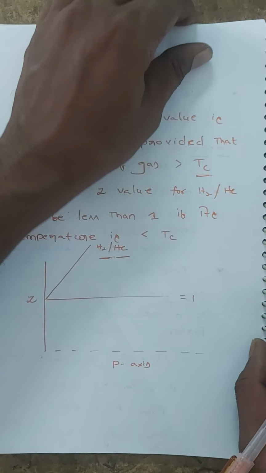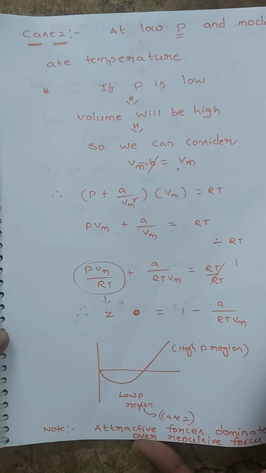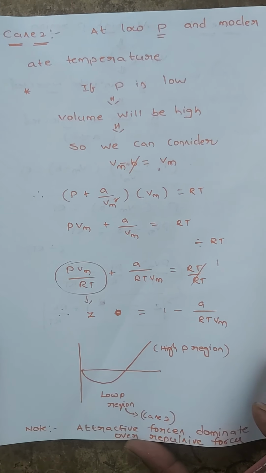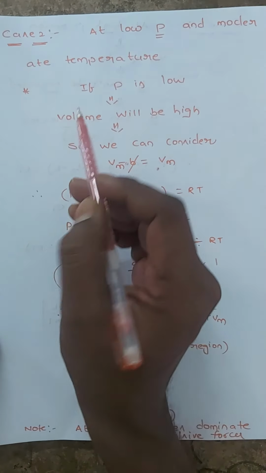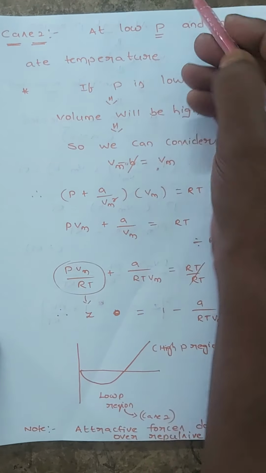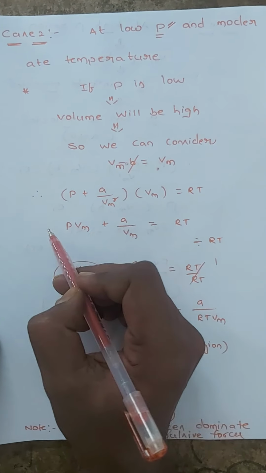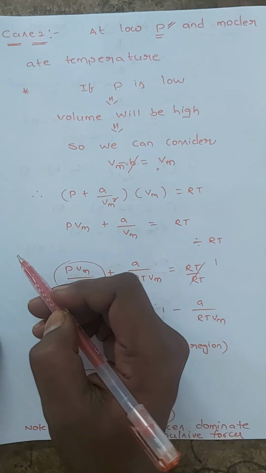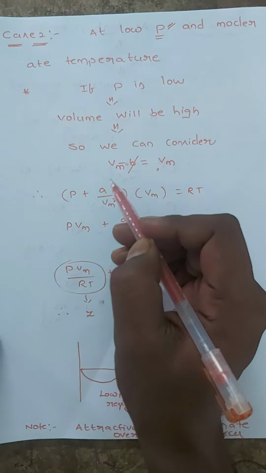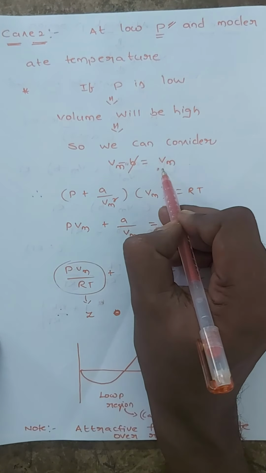Now come to case 2. In case 2, I have considered the low pressure region and moderate temperature. Pressure is low in the sense that volume will be high. So we can consider Vm minus b as Vm.